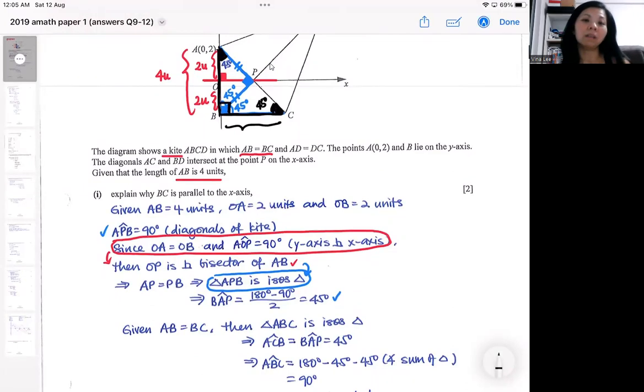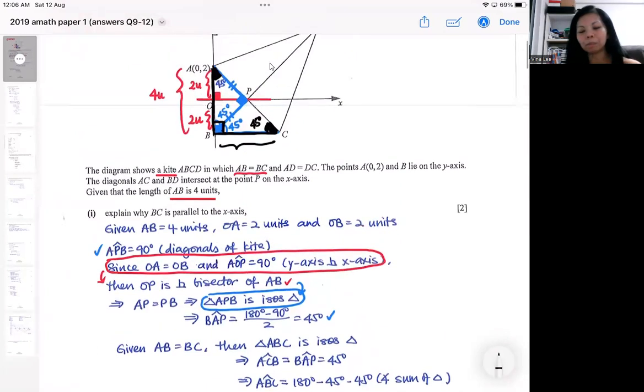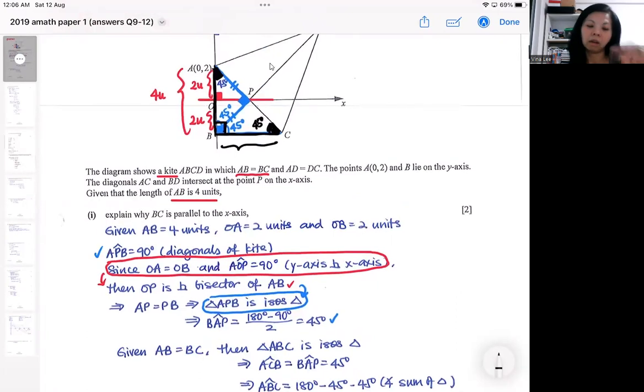Once I calculate that it is a 90 degree, that means BC is horizontal. BC is horizontal, that's why it's parallel to the x-axis. So we are using the property of a kite, the 90 degree at the middle, and also the same length, then we can deduce something like a perpendicular bisector.